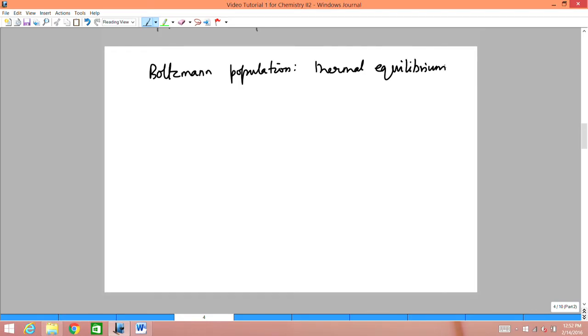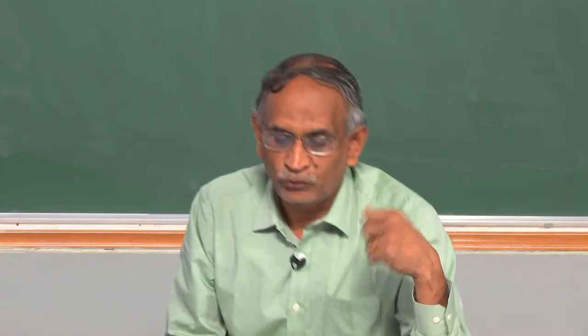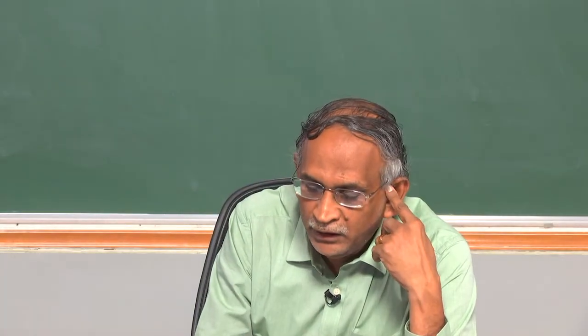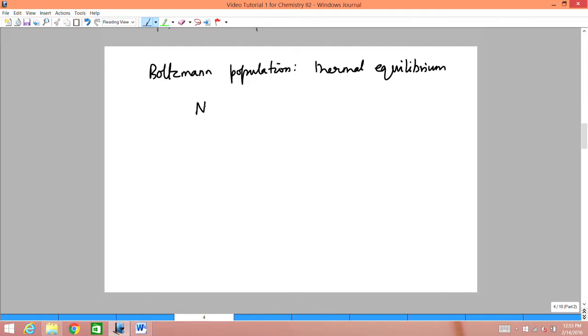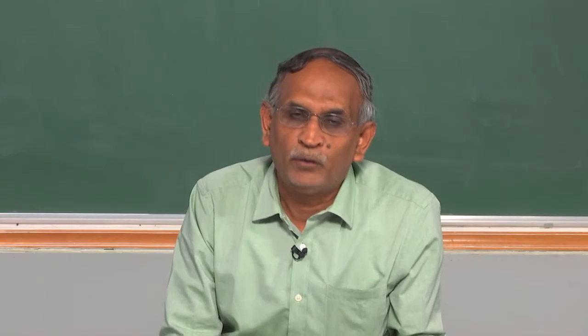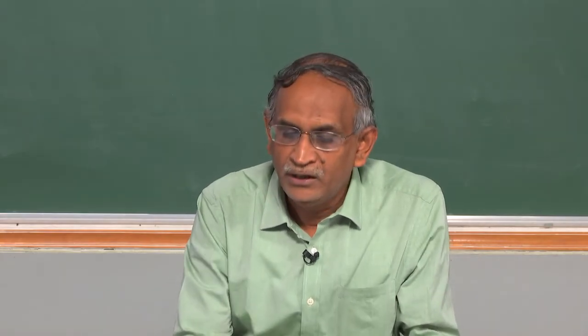If the 2 energy levels are thermally at equilibrium with each other, with molecules going up and down due to the absorption of energy and so on, then you should immediately remember that the number of molecules in any particular energy state E is proportional to the factor exponential minus E by kBT.